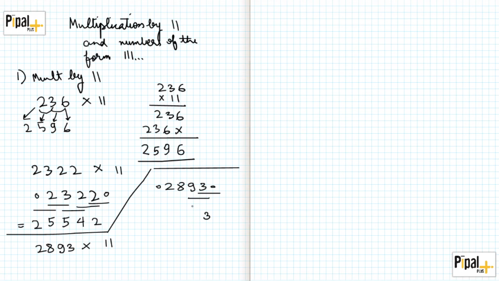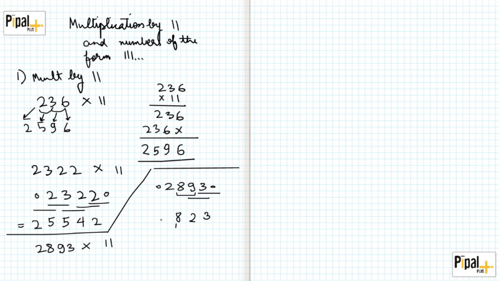I can't write an entire 12 here in the tens space, so I just write 2 from the 12, and I write a 1 below here, because this is a carryover from 12 which I'm going to add to the next digit. The next digit is going to be a sum of 8 and 9. 8 and 9 is 17. I'll add 1 to it to get 18.